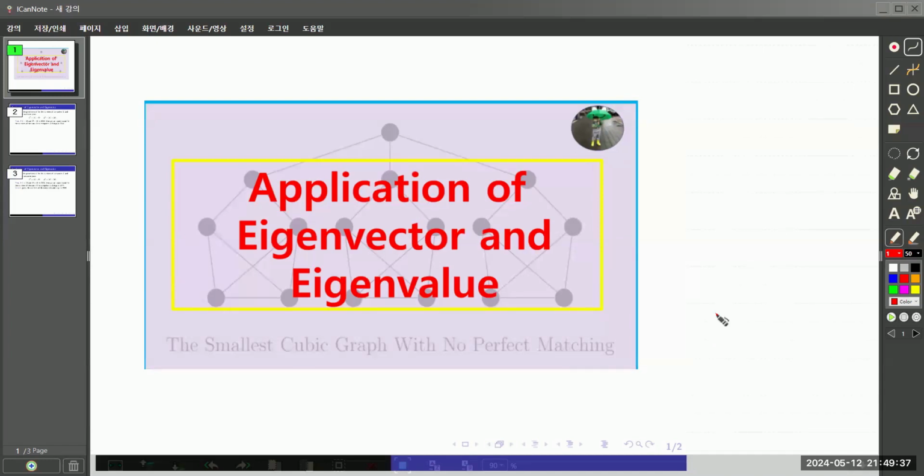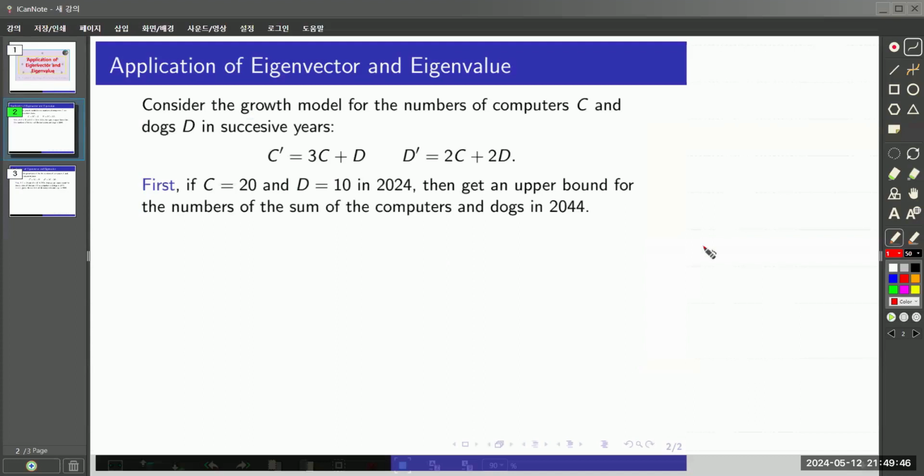In this video, we are going to handle some applications of eigenvectors and eigenvalues. Here is a growth model for the numbers of computers and dogs in successive years. If you know the numbers of computers and dogs this year, then you may get some information for the numbers in a certain year.